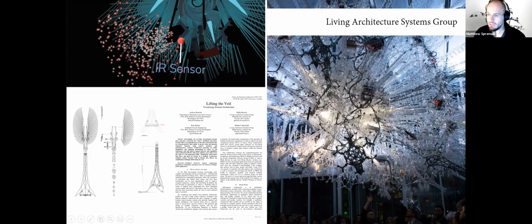As I mentioned, I also teach at the University of Toronto. This is the department that I teach in. And I mostly teach in the Master of Architecture, Landscape Design, and Urban Design.